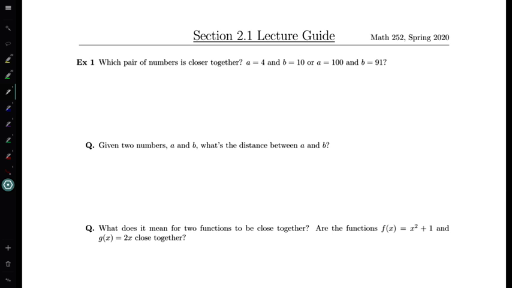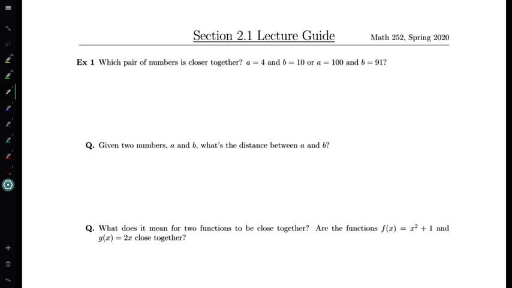So example 1, we're asked which pair of numbers is closer together, a equals 4 and b equals 10, or a equals 100 and b equals 91. So something that we might do here is we might say, well, okay, I know how to take the distance between two numbers. You take the larger one minus the smaller one.